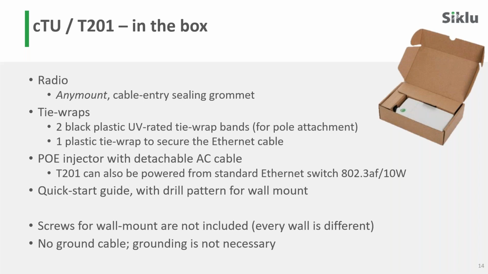We also provide 2 tie wraps for the pole attachment. These are black, UV rated, easy to recognize, and there is also a very small tie wrap, which we saw on the previous slide, to do strain relief directly to the chassis and not strain relief to the connector itself.